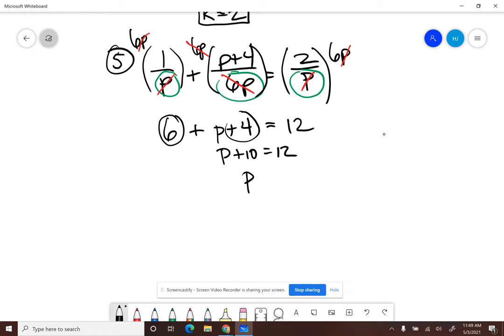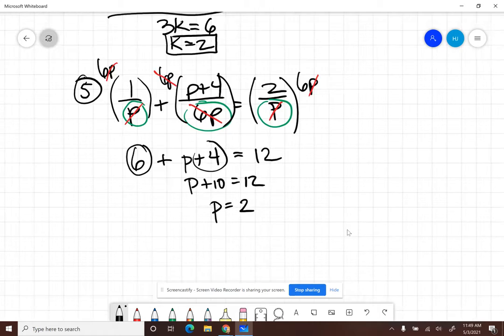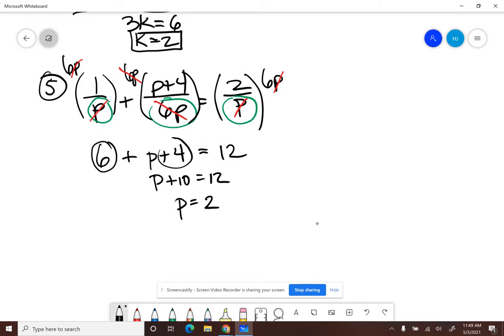Which means now p equals 2. And you could actually put this back into your original problem just to see that it works. So I would have 1 over 2 plus 2 plus 4 over 6 times 2 equals 2 over 2.